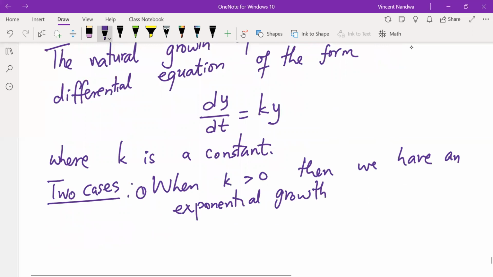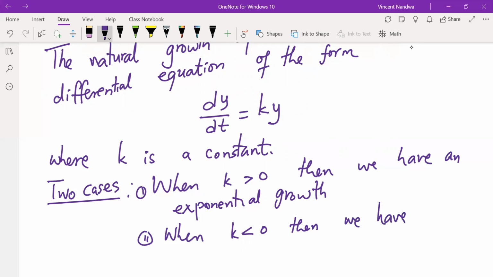But when k is negative, then we have an exponential decay.